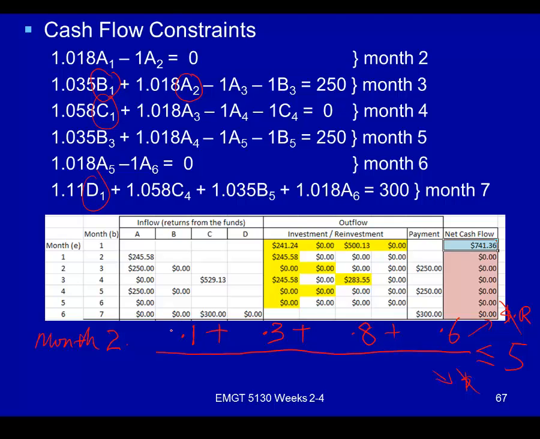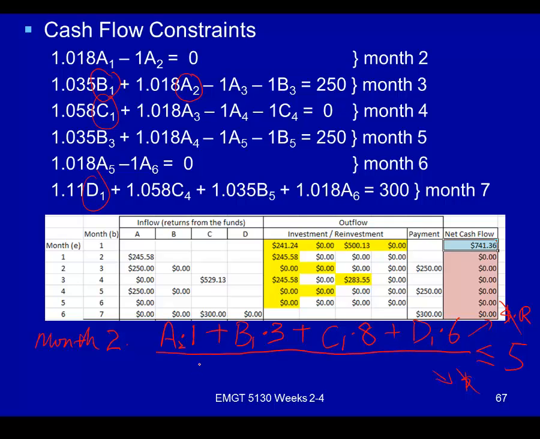So we'll have A2, every dollar invested in A2 brings 1 unit of risk, plus the money we invested in B in the first month brings 3 units of risk from every dollar, and the C1 brings 8 units of risk from every dollar we invested, and then D1.